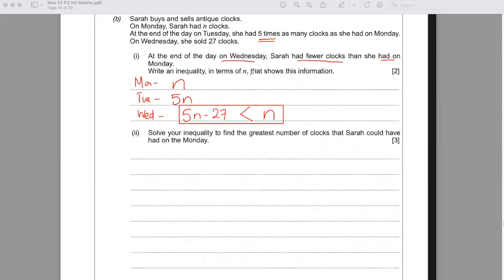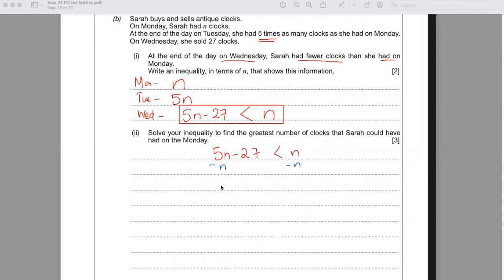B, solve your inequality to find the greatest number of clocks that Sarah could have had on the Monday. So when they say solving inequality, it's literally the same as solving an equation. It's just you have an inequality sign there, less than sign. So we start with 5n minus 27 less than n. To solve, with n on both sides, you take away the smallest n, which is n, to get rid of it.